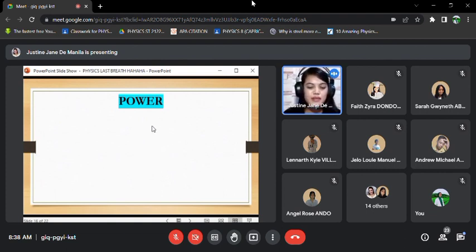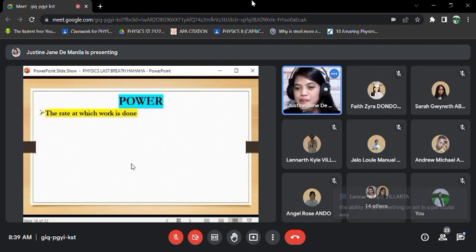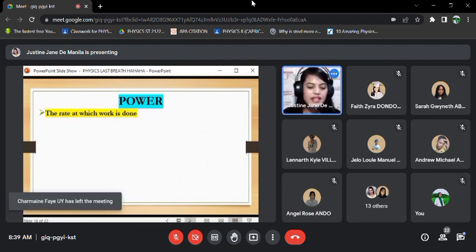Some of you may define power as a magical power like Superman, Batman, or Flash. But in physics class, power is defined as the rate at which work is done. Leonard says it is the ability to do something or act in a particular way. Very good, Leonard.